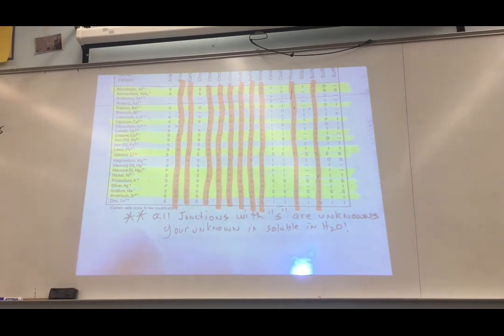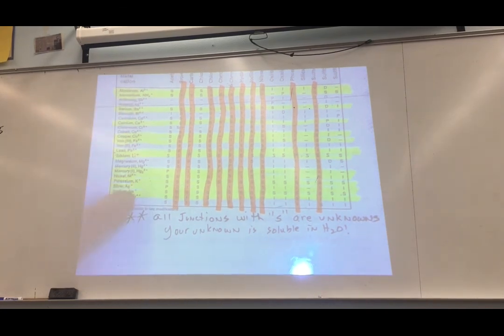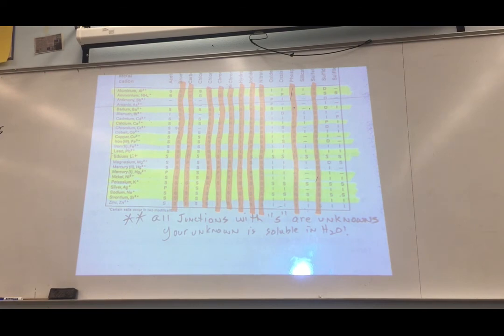Now, make sure that you have this chart done. If it were me, my main objective for you before you come to class on Monday is to read over this whole lab write-up. Read over the whole thing.